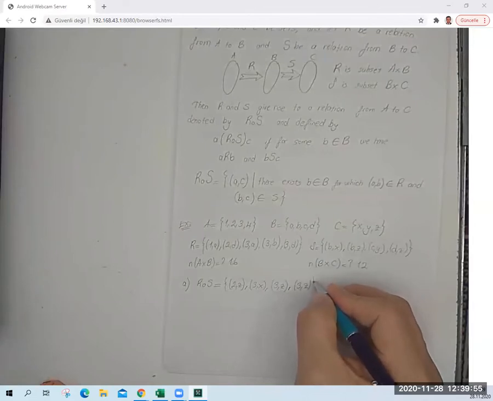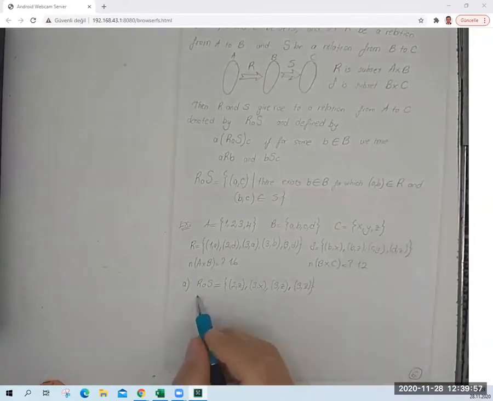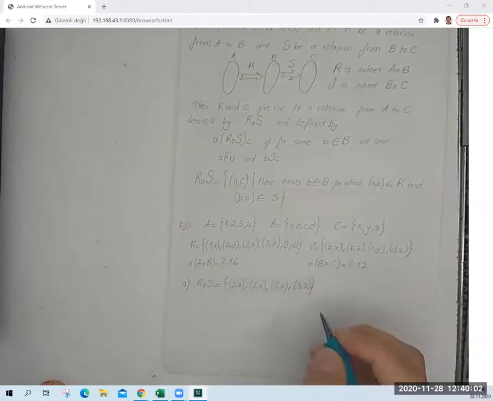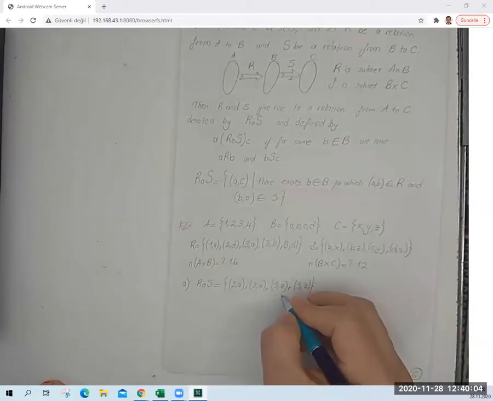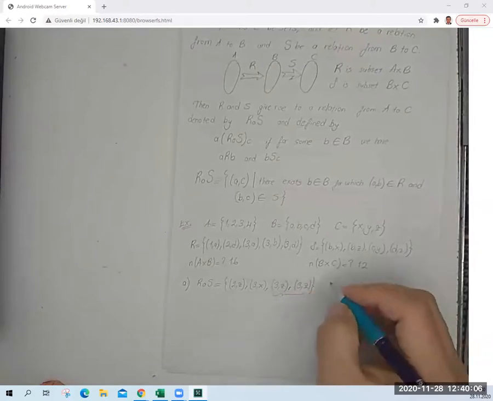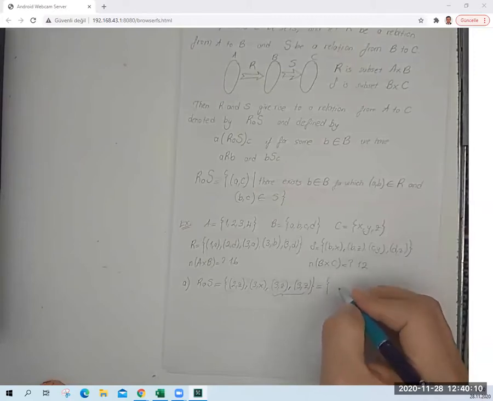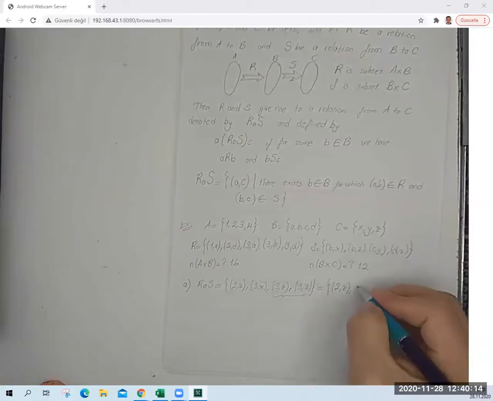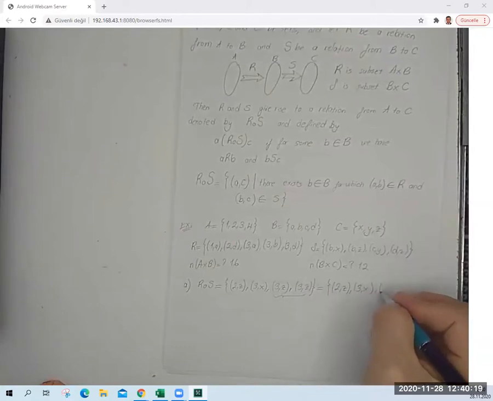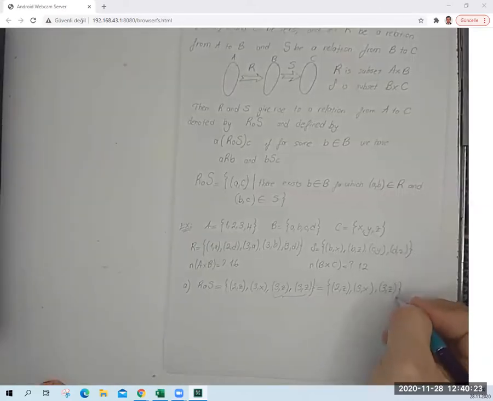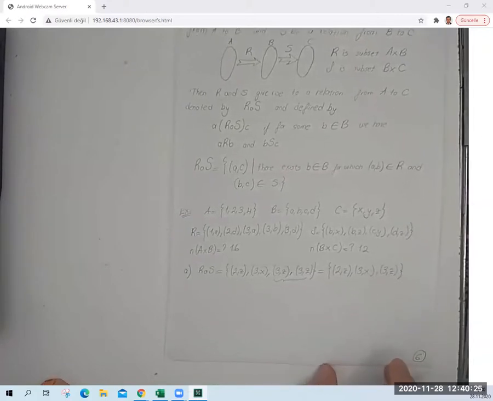But in the composition relation R to S, I don't need to write 3Z two times. I will write 2Z, 3X, and 3Z. So this is my answer.